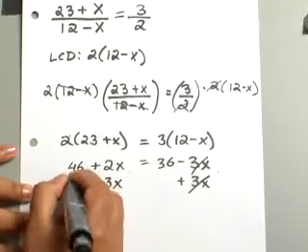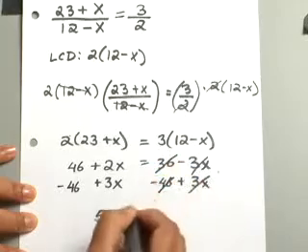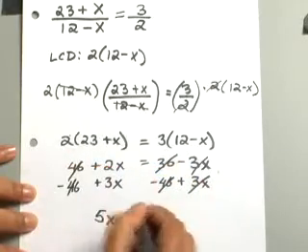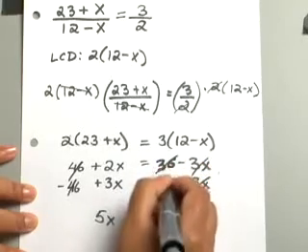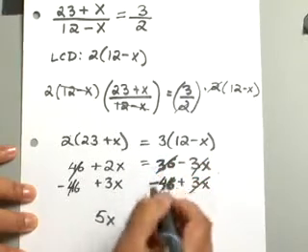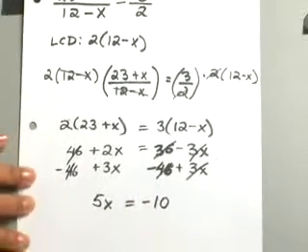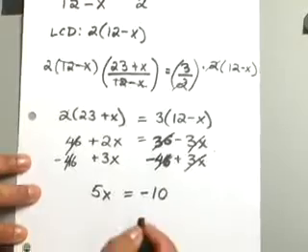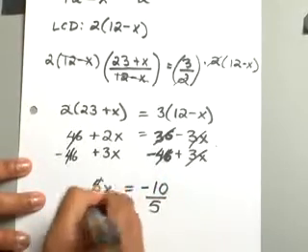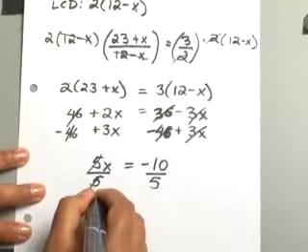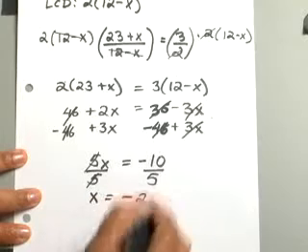Move the 46 over to the other side. 36 minus 46 gives us negative 10. To get x by itself, we divide both sides by 5, and you end up with x equals -2.